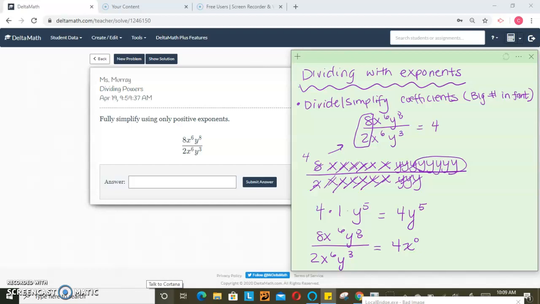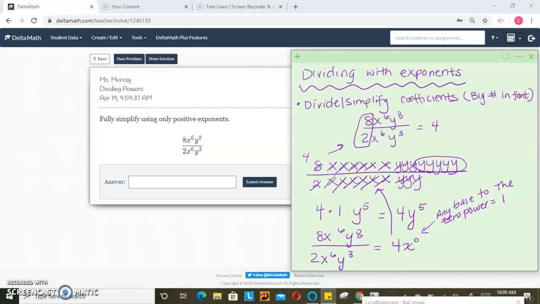But I'm dividing, so any base to the 0 power is equal to 1. So the x completely canceled out, which we saw up here. So I'm not even going to have x in my answer.